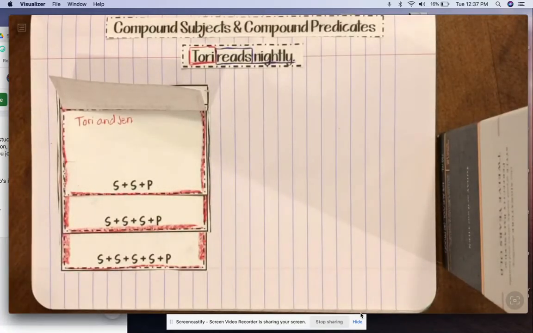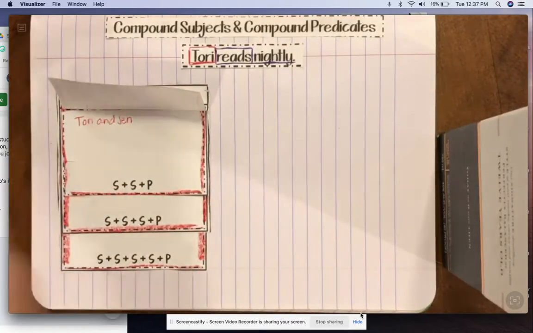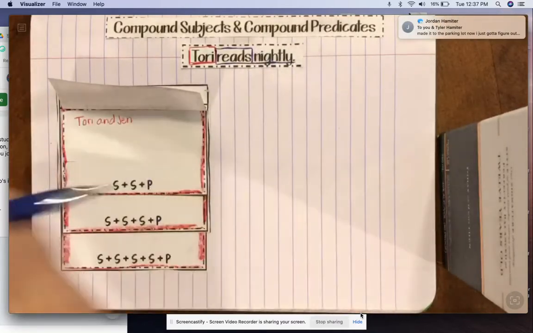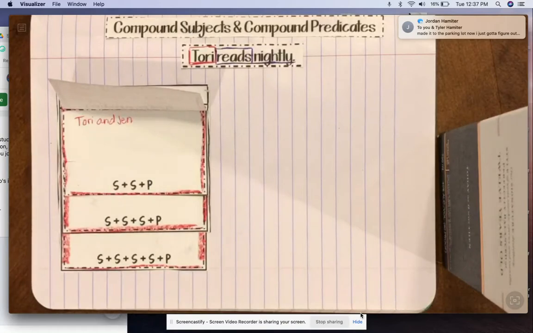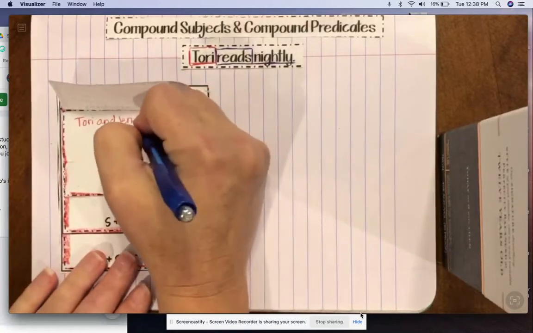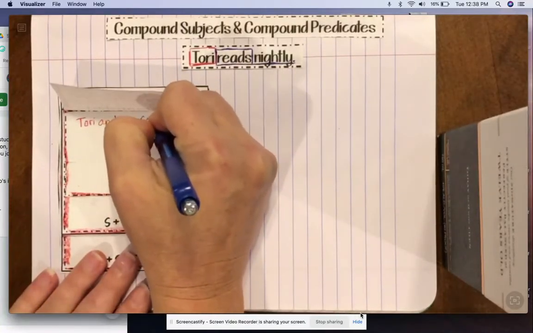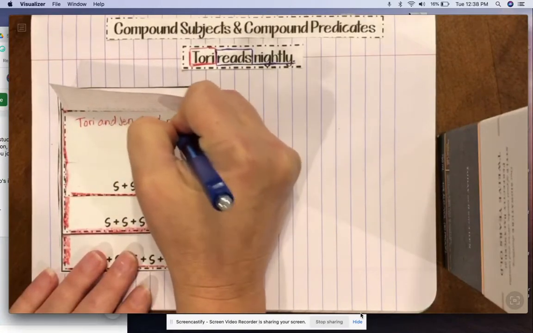Now, I'm not done because it says plus P, so I'm going to grab my blue pen and I'm going to write, Tori and Jen, we're going to use our same subject, our predicate up here, read nightly.